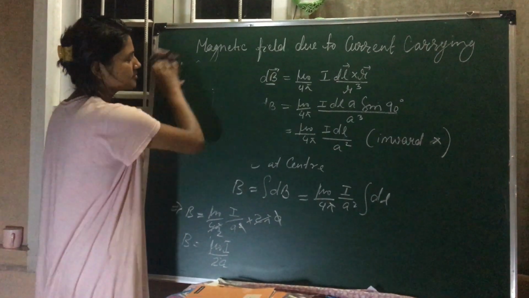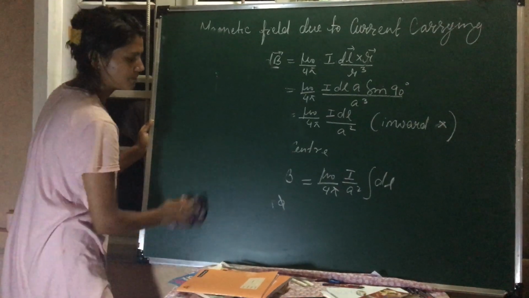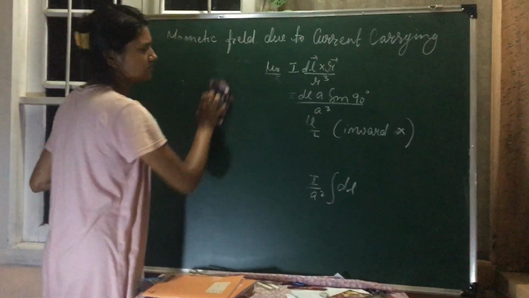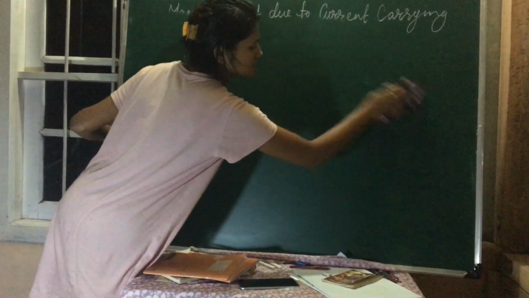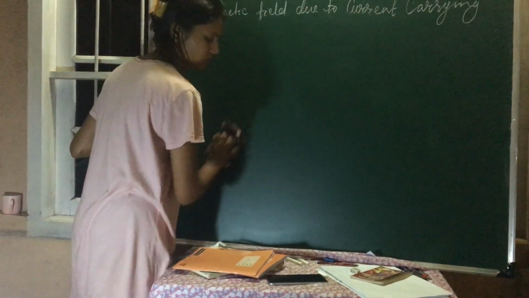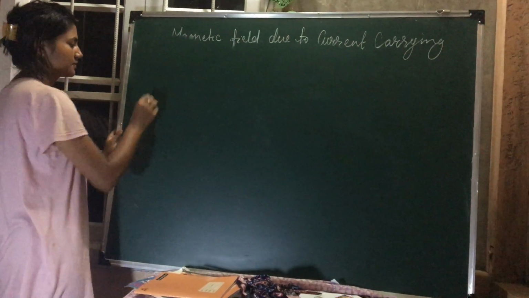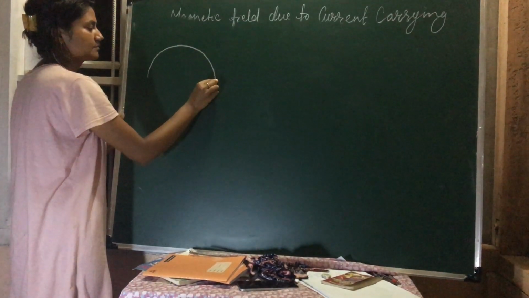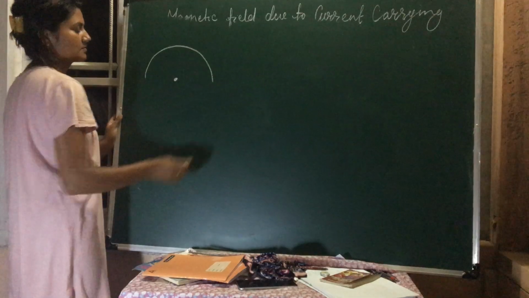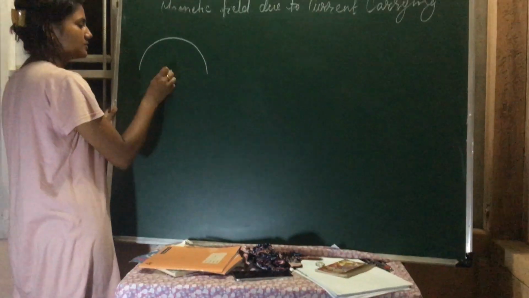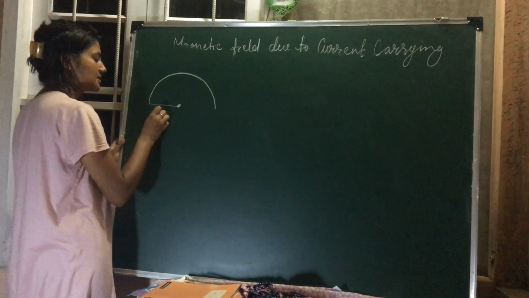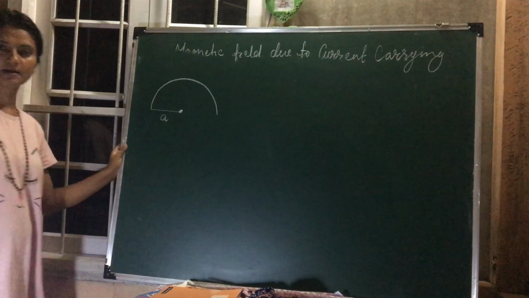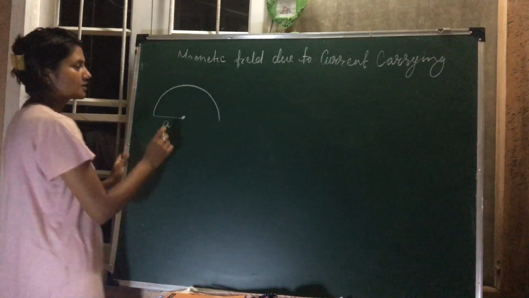You need to remember this expression, or if you don't know it, you can derive it also. Now, suppose this is a half loop, and the radius is still a.